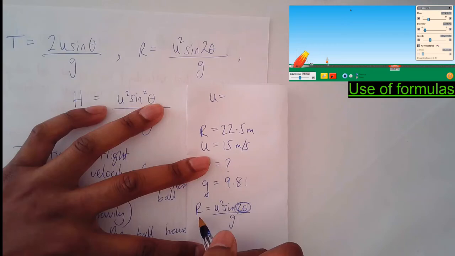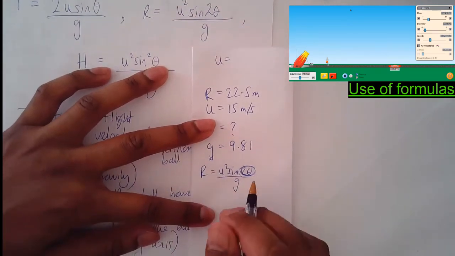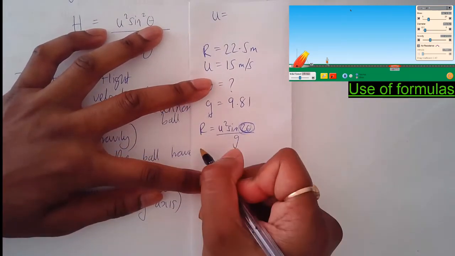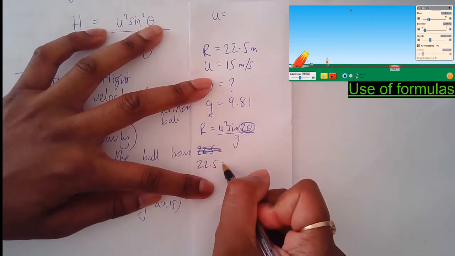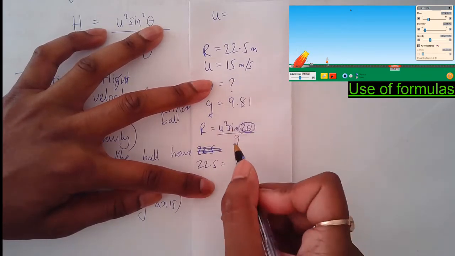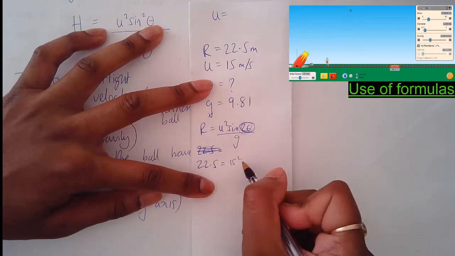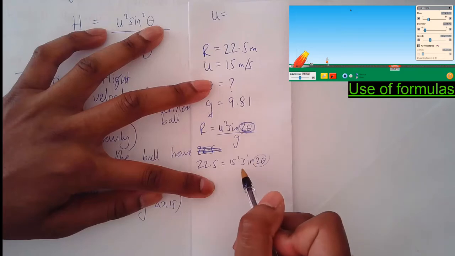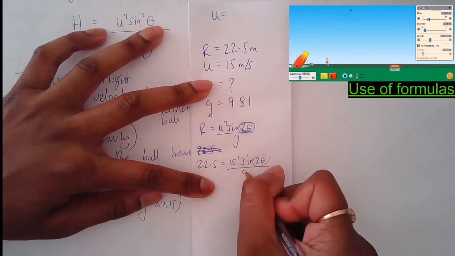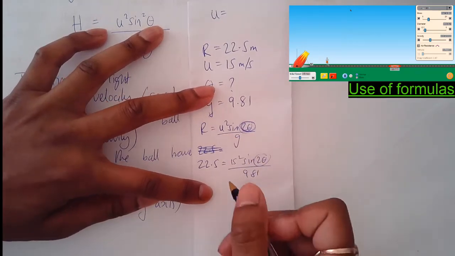Let's substitute some numbers in first. Let's see what happens. R is 22.5. Let's do it. U is 15, 15 squared. Sine 2 theta. I'm going to find out what this is. And G is 9.81. Let's simplify that a little bit.